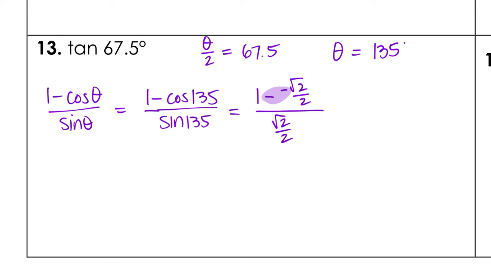But the other thing that I want to change is there's fractions in here, and I don't want that. So since they both have a denominator of 2, I'm going to multiply the entire fraction by 2 over 2. So we would get 2 times 1 is 2.